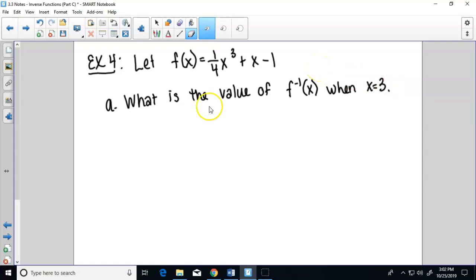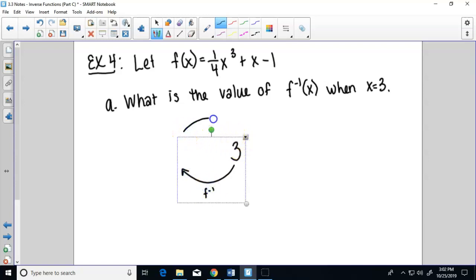So what is the value of f inverse of x when x equals 3? If x equals 3 for the inverse, then it equals the y for the original function. So if it's x for the inverse, it's y in the original function.